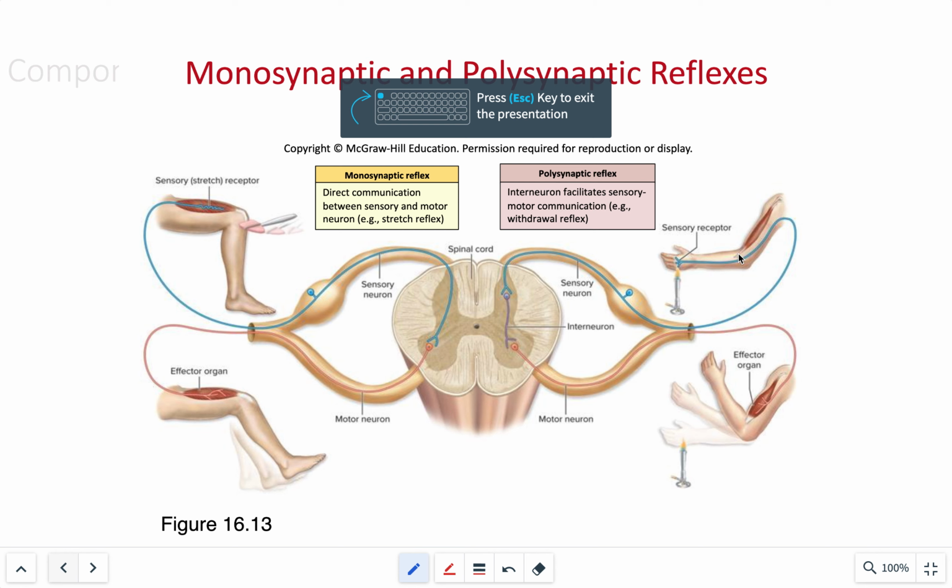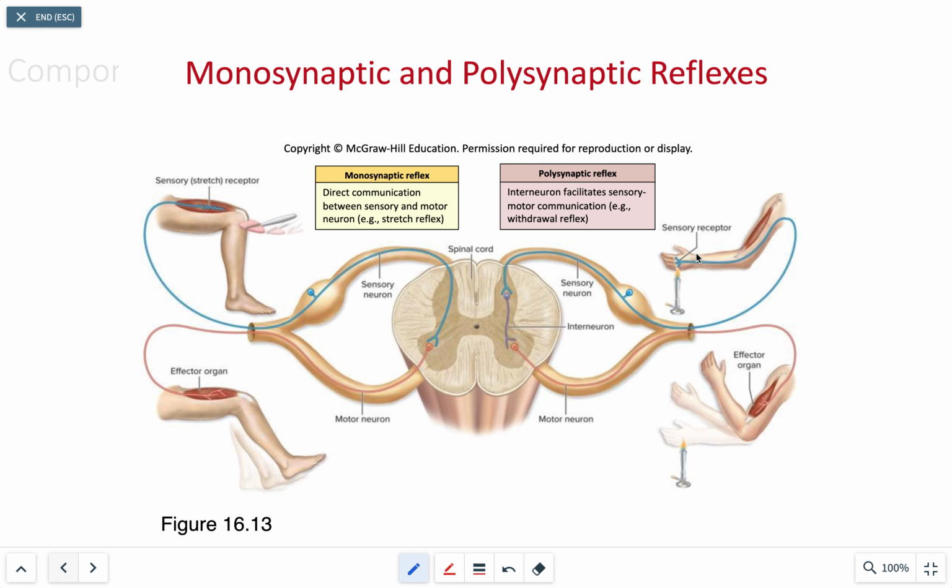There's very limited neurons that are involved, so what we're looking at is that there should be synaptic delay, but it should be minimal. And your synaptic delay is going to be based off of whether we see here in a polysynaptic reflex an interneuron, which will increase the synaptic delay, or when we look at a monosynaptic reflex, we see that an interneuron is lacking.